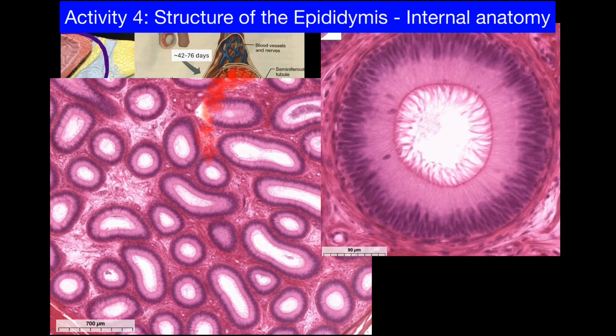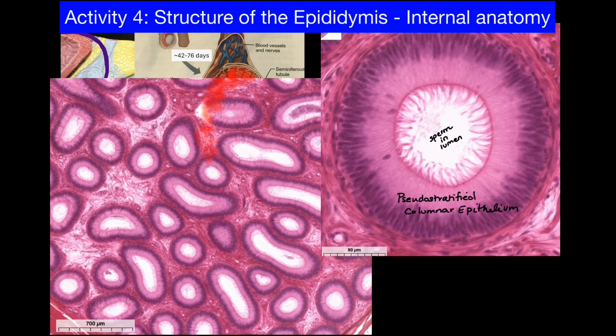So it's a really long coiled tube. And we can see here the very center of the tube is the lumen. What we notice is that all of our sperm, they're already in the center of the tube. They're already in the lumen because at this point they're fully formed sperm. They're just not mature. So they're hanging out in the center.